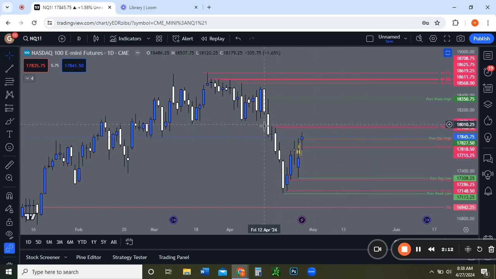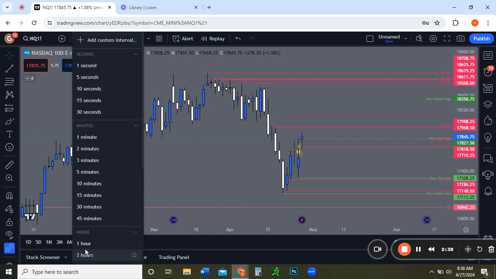If we're displacing down like this and we still haven't swept any liquidity, then it might make sense to just wait and look for a short opportunity versus just trying to go counter trend, because counter trend most of the time will cause you to lose money unless you actually know how to snipe entries, and you could get some insane gains, but that's so much more advanced and it's very difficult to do.